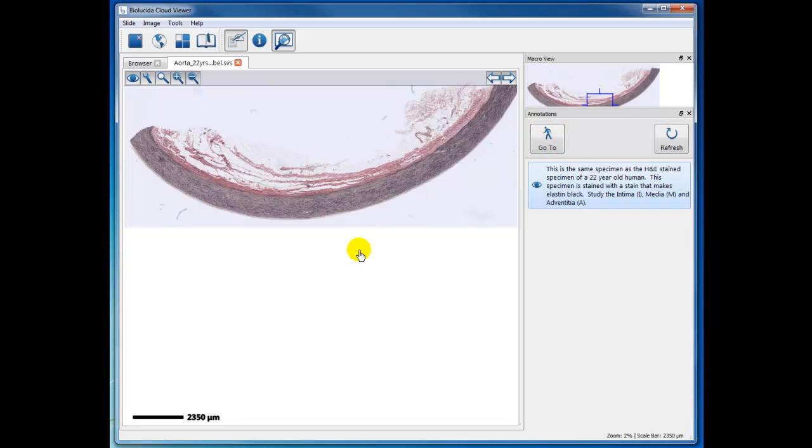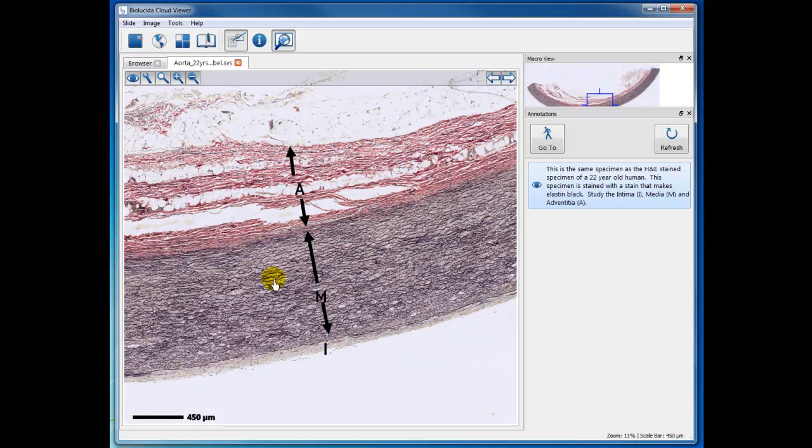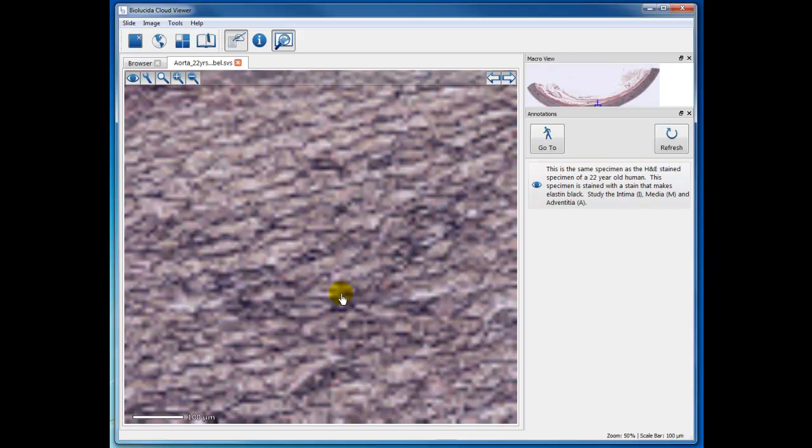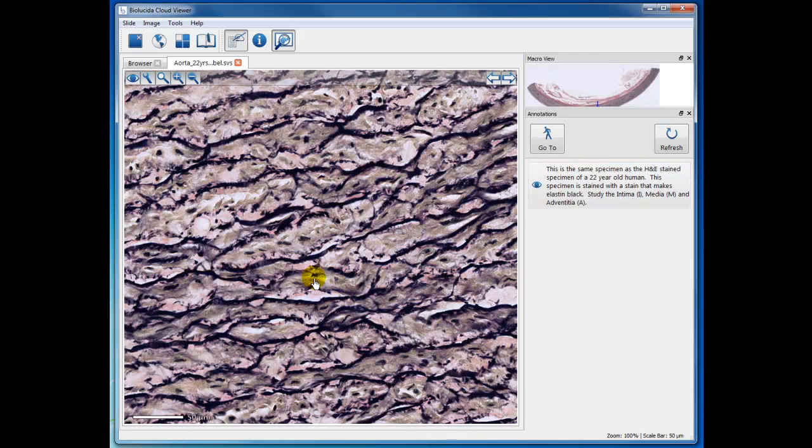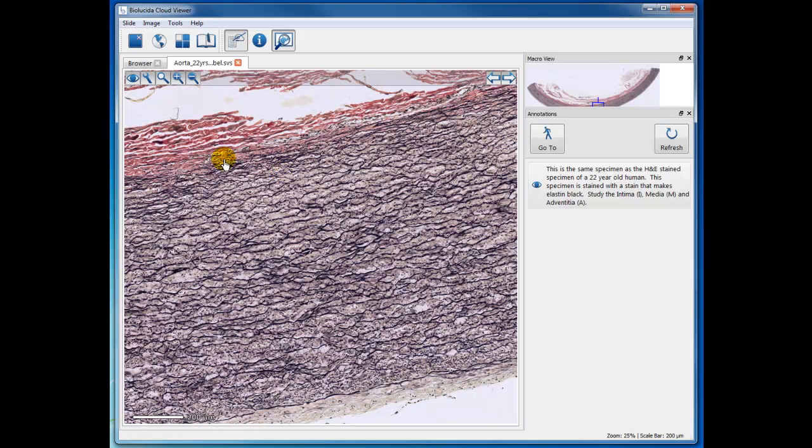And we look at the same layers. You see where most of the black staining is in the media, and that's where the elastic membranes are. Now you can make out the membranes, but they're still, shall we say, not smooth. They have holes in them, through which nutrition comes from the vasa vasorum, vessels out here, percolating nutrients through, and even absorbing from the lumen of the aorta.